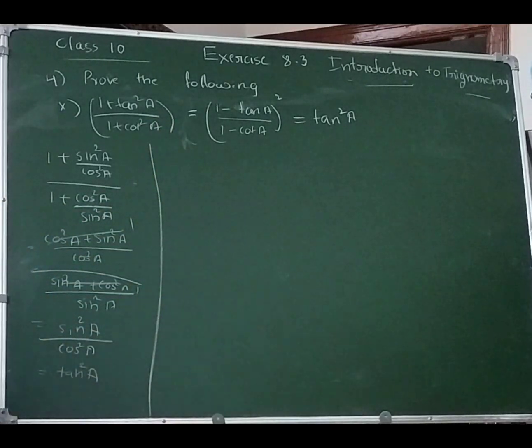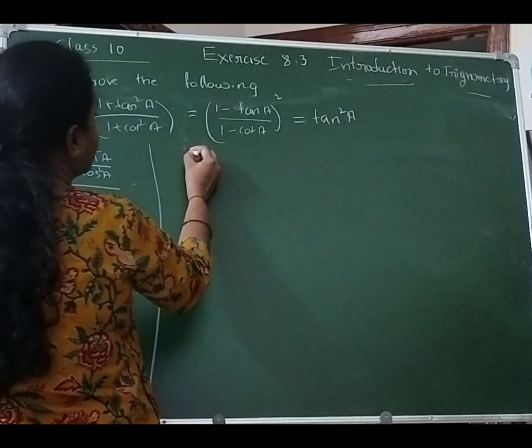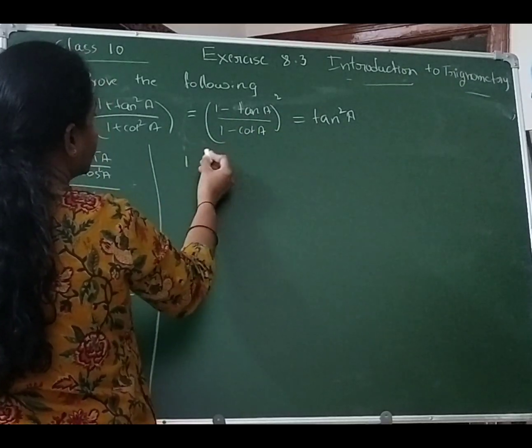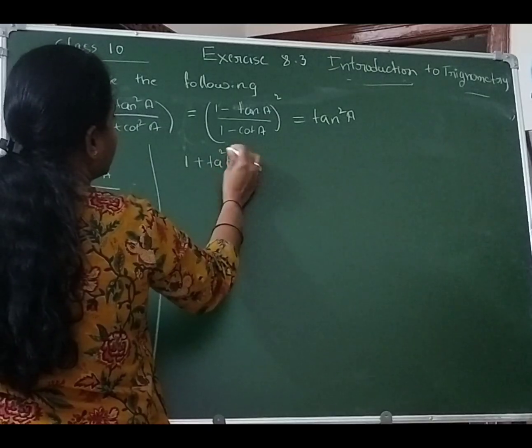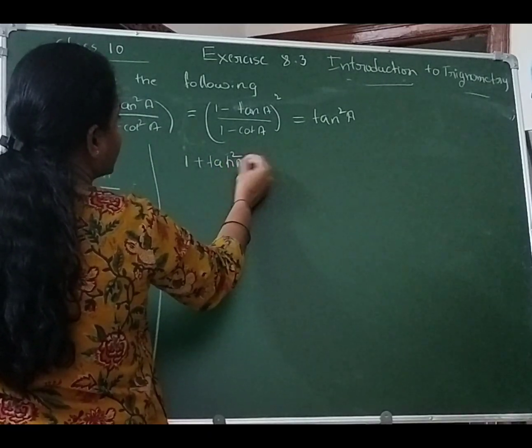So next we'll consider the second term and applying the identity (A minus B) whole square. So it will become A square is 1, B square is tan square A minus 2AB.